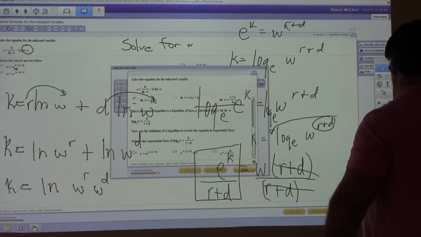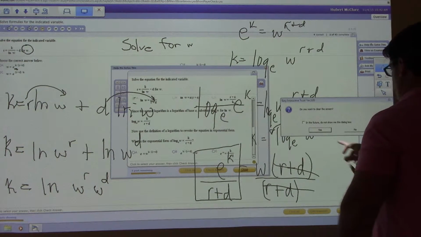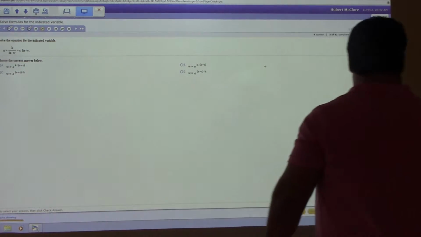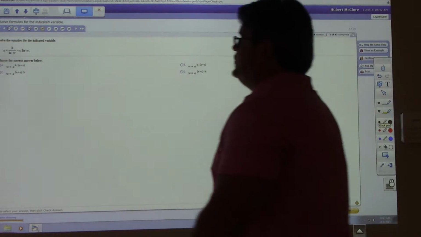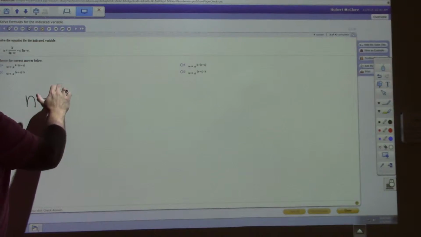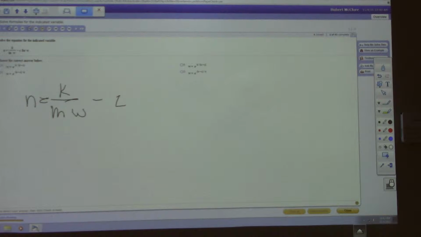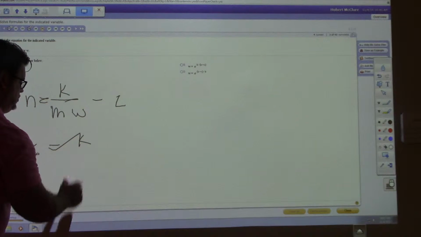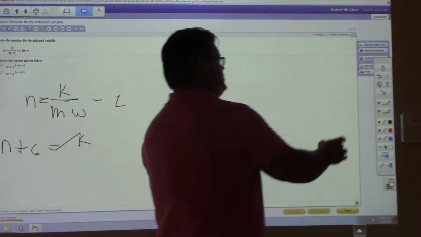Hold on. Let me just erase this. It doesn't matter. Look, N is equal to K over natural log of W minus C. It changed the problem. All right, what do we get rid of first? The C, Hubert. That's right, class. N plus C is equal to K. This is so frustrating.